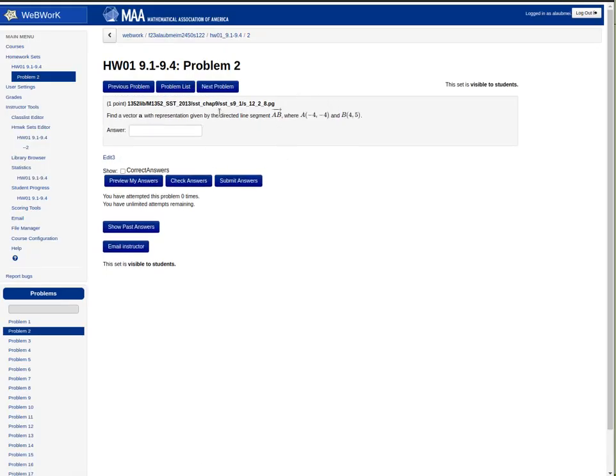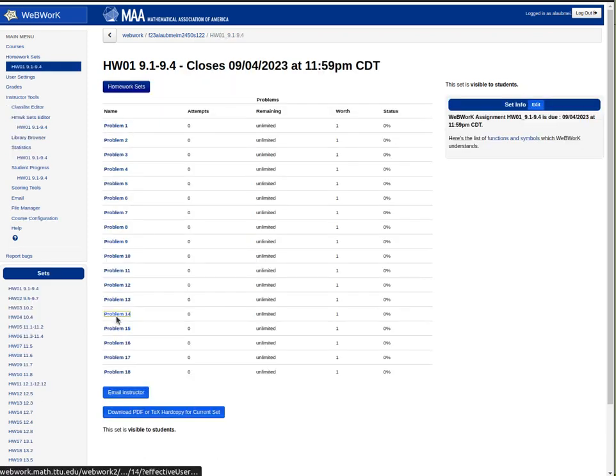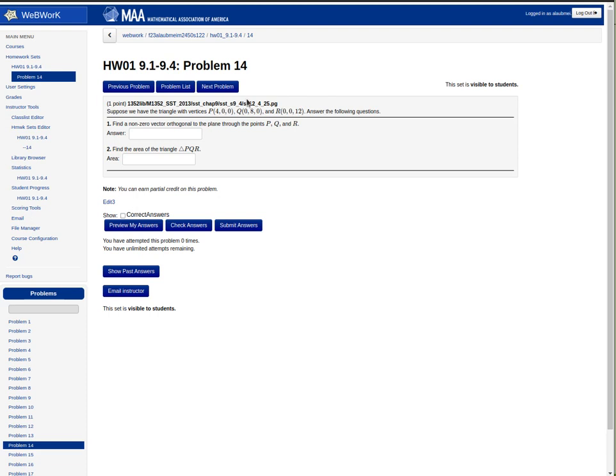Yep, problem 2, make some directed line segments between those vertices. And then once you do that, the triangle is just half of a parallelogram. For example, if you choose to do PQ and then PR, the triangle is going to cut right through the middle of a parallelogram formed by those two.